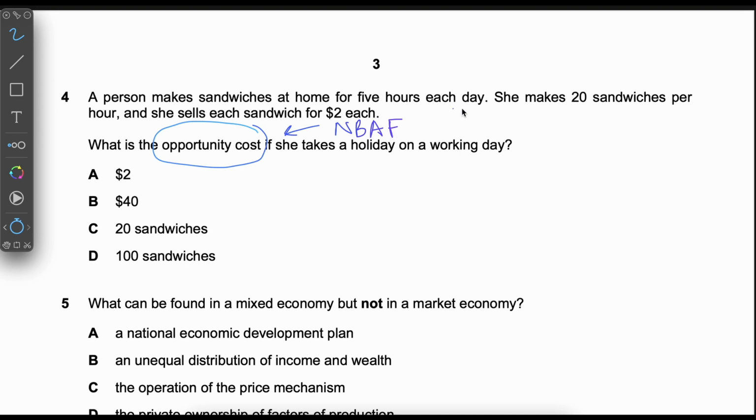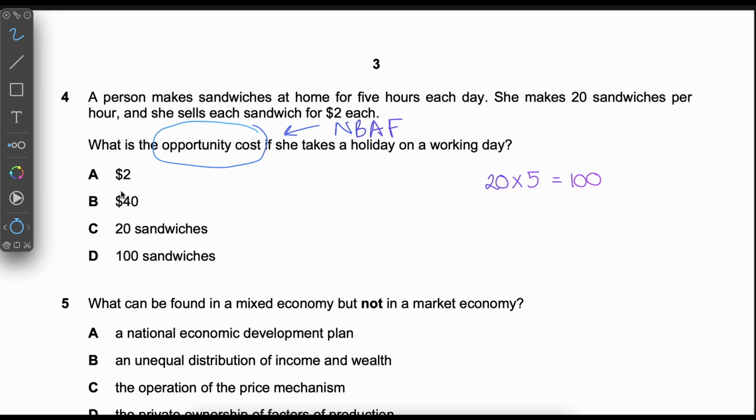Okay, so she makes 20 sandwiches per hour and she works for 5 hours a day. So that's 100 sandwiches per day. We don't know how many sandwiches she sells, so it wouldn't be appropriate for us to discuss the dollar amounts, okay?